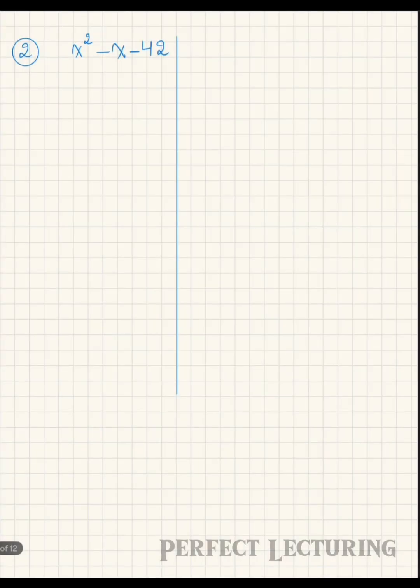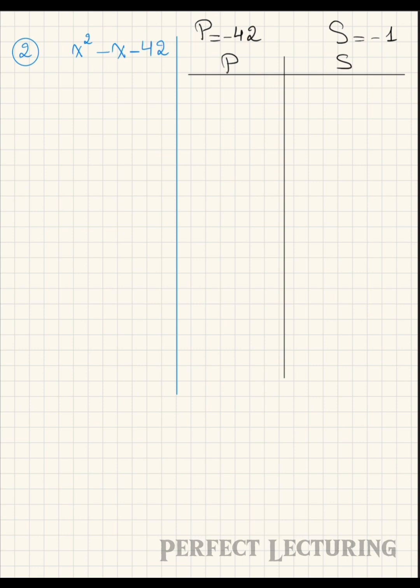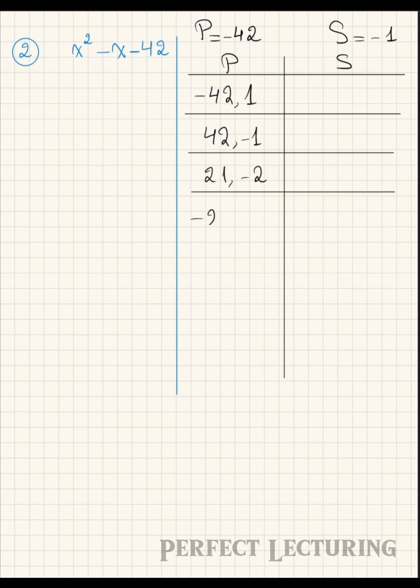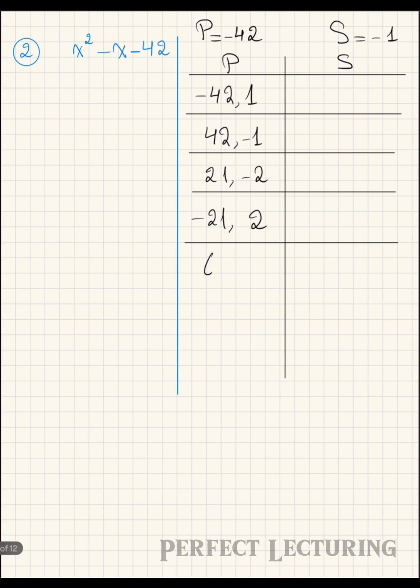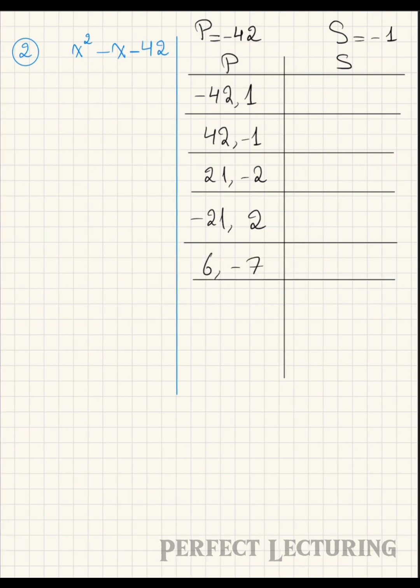Let's do another example. So we have x squared minus x minus 42, which means I have to look for two numbers whose product is negative 42 and whose sum is negative 1. Let us list all the possibilities. So we have negative 42 and 1. We have 42 and negative 1, 21 and negative 2, negative 21 and positive 2, 6 and minus 7, and finally negative 6 and positive 7.